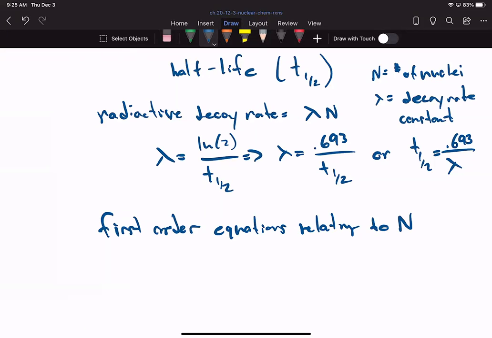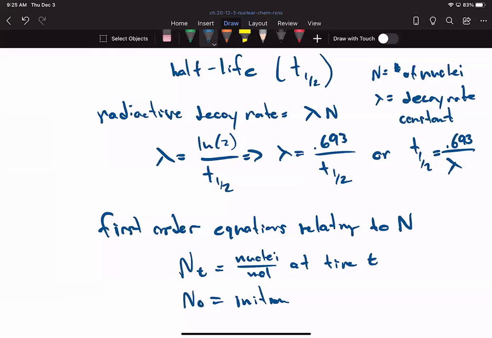We're going to use these symbols here: N sub t, which is the nuclei per mole at time t, and then N naught is just our initial nuclei per mole.